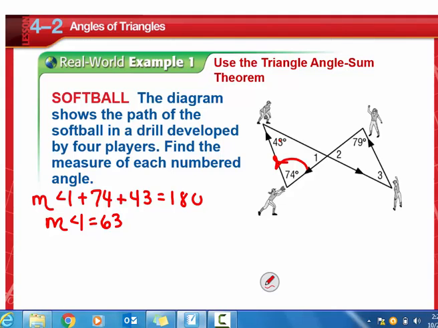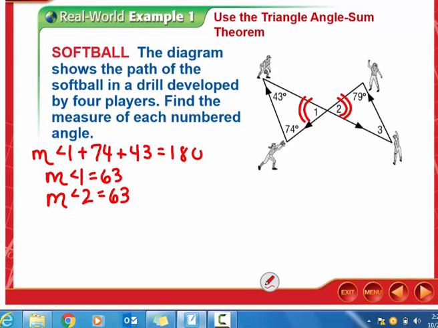Now I see that angle 1 and angle 2 form vertical angles. That means that they're congruent to each other. So the measure of angle 2 is also 63. Now I know that if the measure of angle 2 is 63, then the measure of angle 3 plus 63 plus 79 has to equal 180.